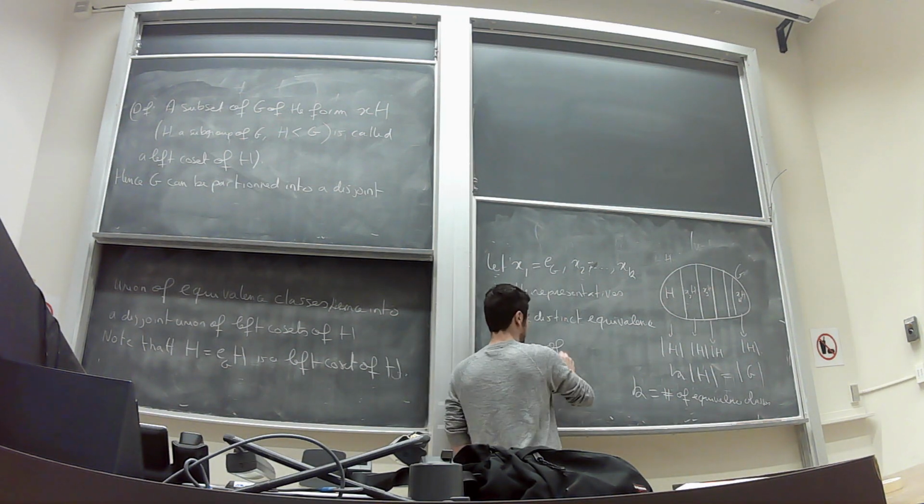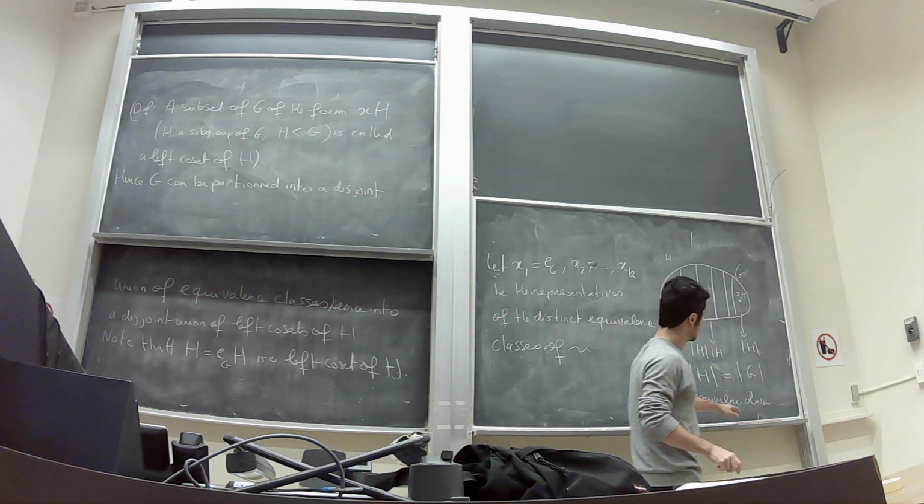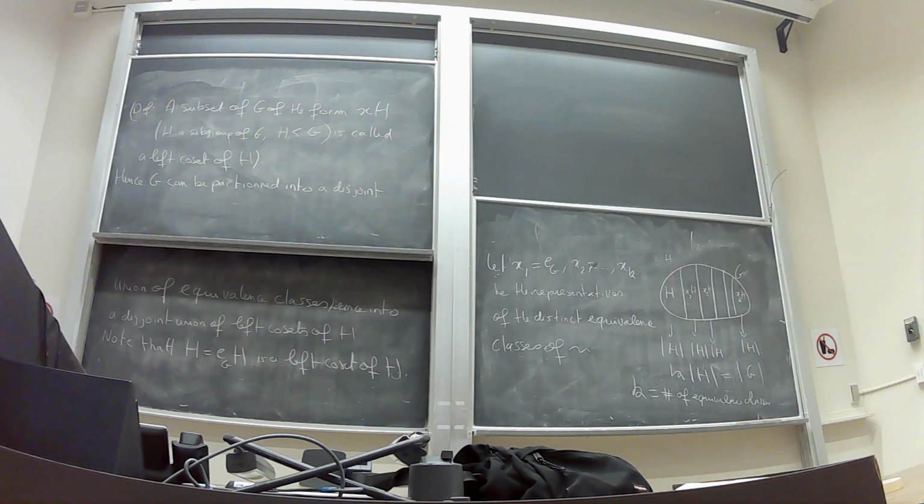What we will show is that all of these have the same size as H. Of course, k is finite here, right? Because G is a finite group, so the number of equivalence classes is finite. Great.